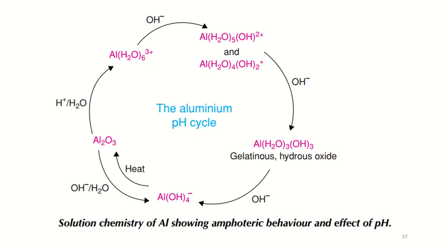For example, this figure shows some of the species that occur in the aluminium 3+, H2O, H+ and OH minus systems. Starting with hydrated aluminium 3+ ions in acid solution and gradually adding base to increase the pH, a series of hydrolysis reactions occur.